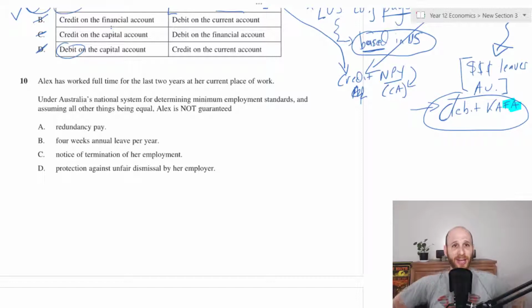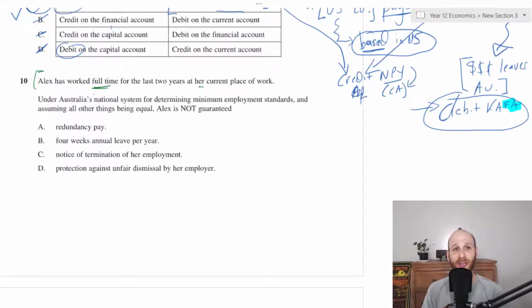So here we are at question 10, and I found this very tricky when I was doing this because I was thinking about I really have to know in a fair bit of detail about those national employment standards. So what we're looking at here is we say Alex has worked full-time for the last 2 years at her current place of work. Full-time, okay.